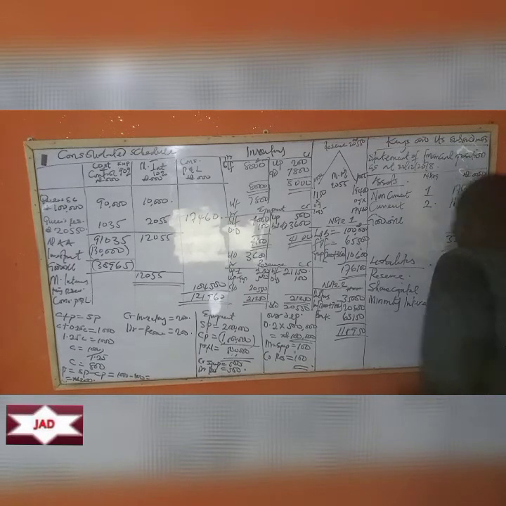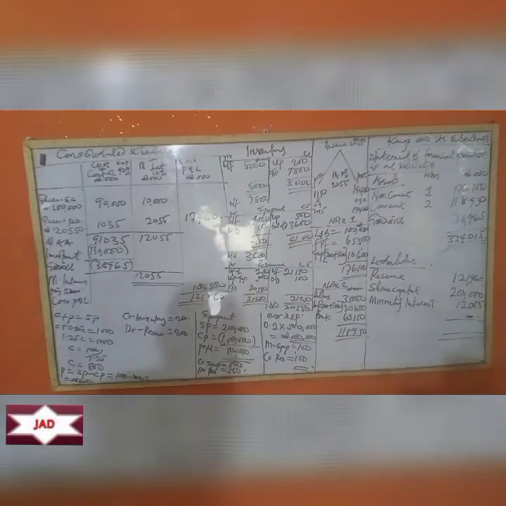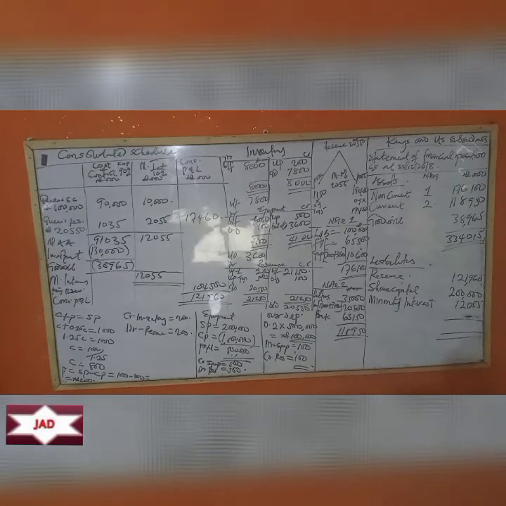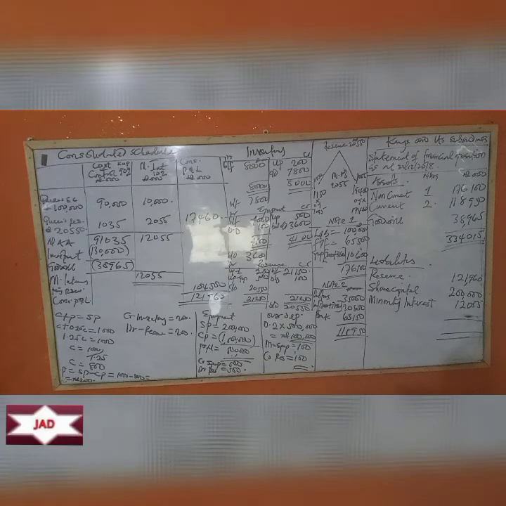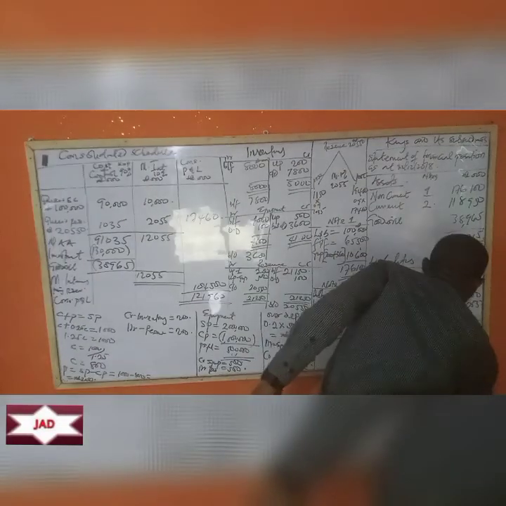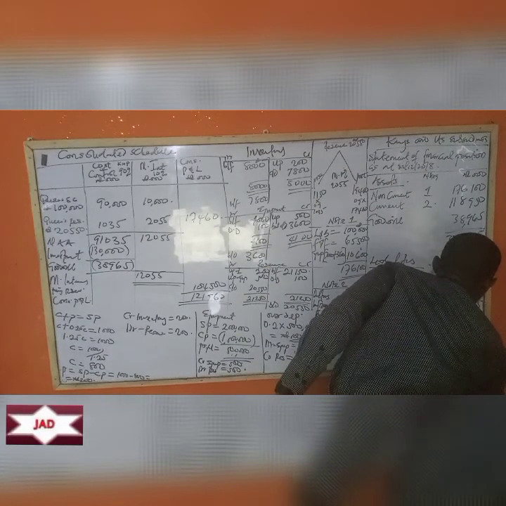So let's add up. 121,960 plus 200,000 plus 12,055 is 334015.